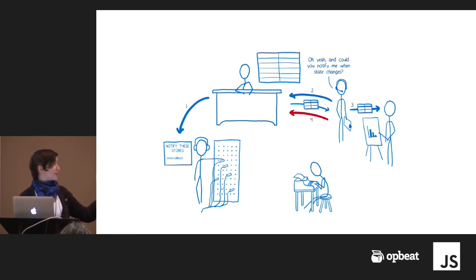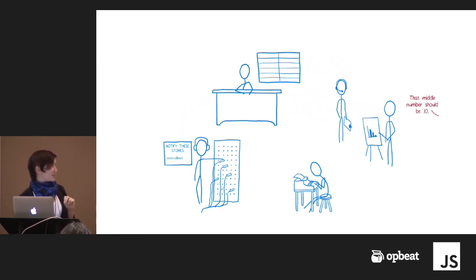And then the controller view goes back up to the store and says, and if any updates come in, just let me know. And so gives the store a callback to call. So everybody knows how to talk to each other now. And now we can start actually having user interactions. So the user is going to update the middle number, set it to 10.